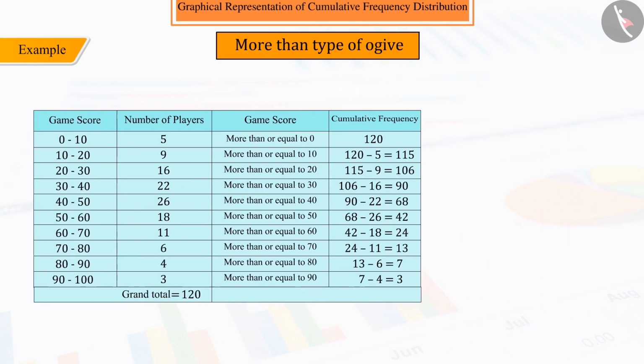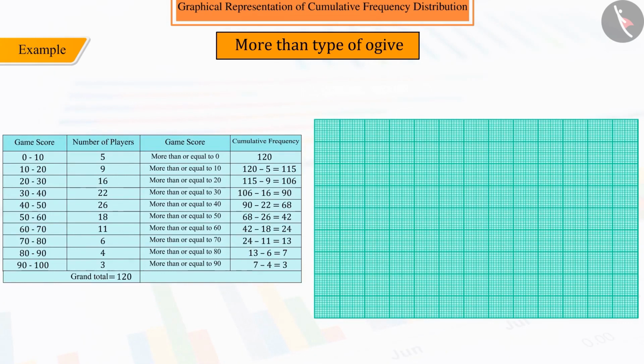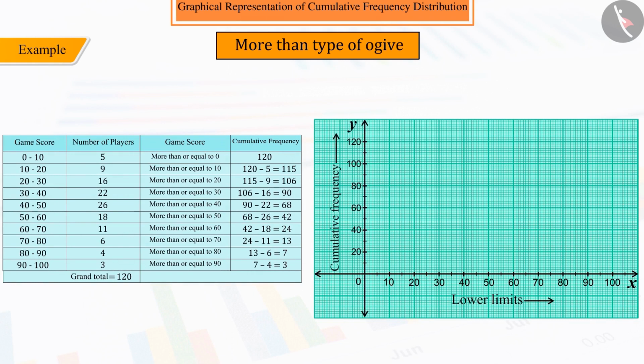To represent this obtained data graphically, mark the following limits on the x-axis and cumulative frequencies on the y-axis, where the lower limits indicate the marks obtained by players and cumulative frequencies indicate the number of players.